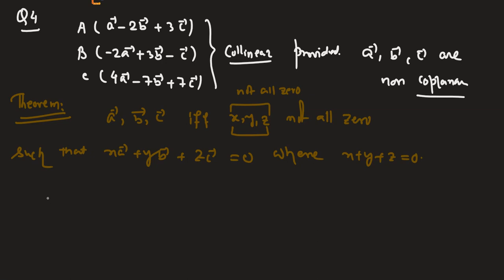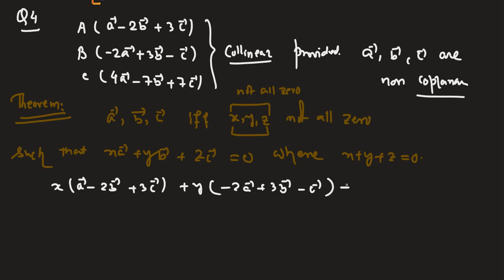Now suppose x is the scalar, another scalar is y, third scalar is z. If we have three scalars and this result is 0, then we have to find x, y, z and show that the sum of x, y, z is 0. Then it is proved the points are collinear. So we separate the a vector.